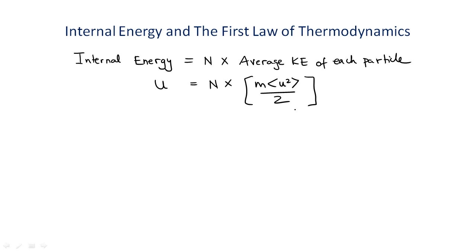In the previous lecture, we have derived that for an ideal gas, the average kinetic energy of each particle is 3 by 2 kT.